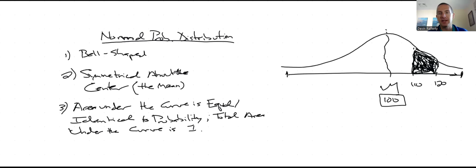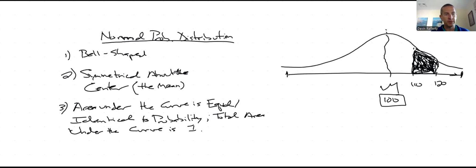So that shaded region's area will be the probability of something happening between 110 and 120. In other words, I will be able to scientifically calculate the probability of IBM stock finishing the day between 110 and $120 if I can find the area under the curve right here. That's a big deal. That's a very big deal.